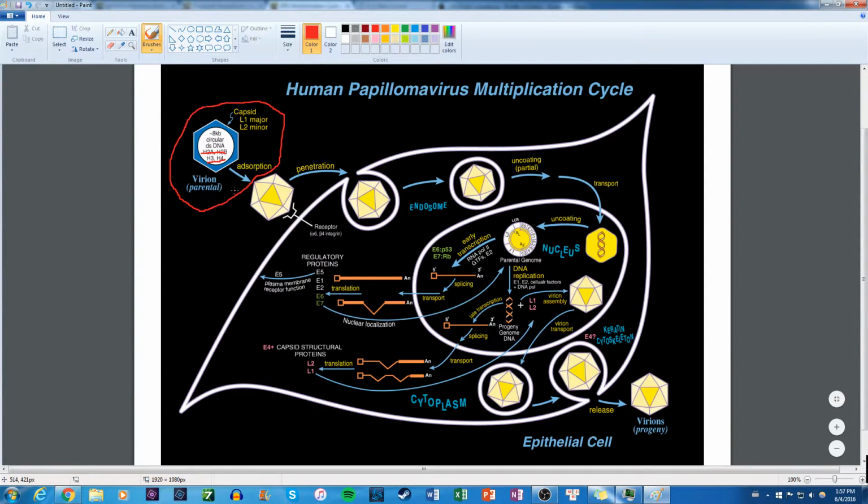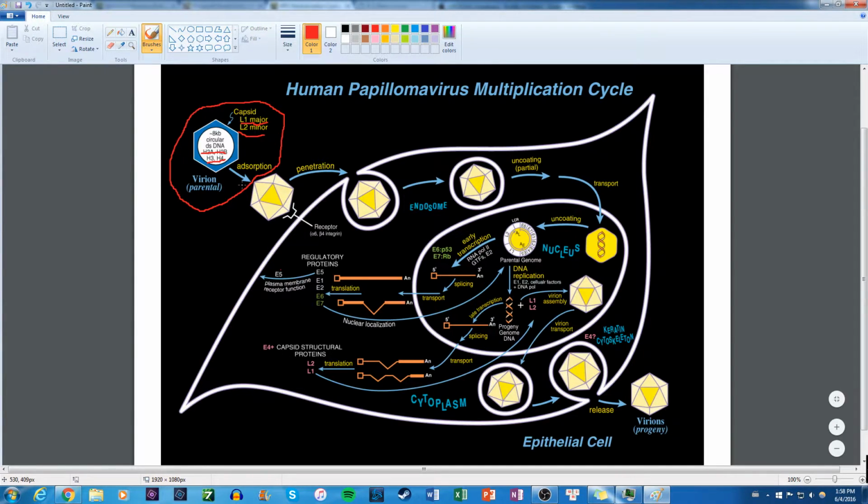HPV is 8,000. And then you have the capsid proteins here, L1, which is major, L2, which is minor. From my understanding, the L's and the E's that you see, L stands for late, and E stands for early. So L1 is a late protein that is the major capsid protein.